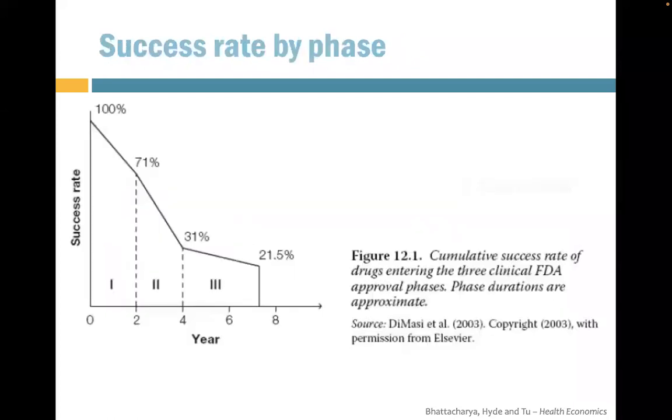This is a graph of success rate by phase. You can see that in phase 1, only 71% of them succeed. And then phase 2, phase 3, all the way, only 21.5% survived.